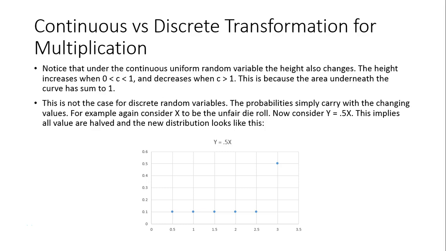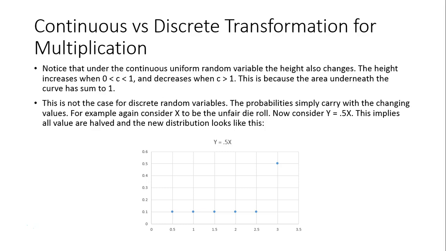And the height decreases when c is greater than 1. Okay? This is because the area underneath the curve has to sum to 1. Okay? This is not the case with discrete random variables. The probabilities simply carry with changing values.